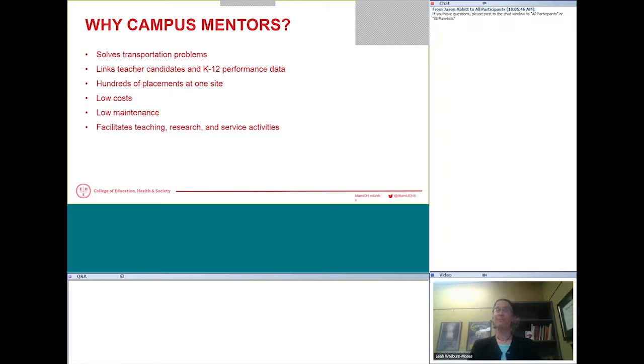Question is, how many students do you place total, and how many of those are placed through Campus Mentors? So in other words, how many students do we have within our college to place, and then how many of those go to Campus Mentors? This is a wonderful question. We have a lot of teacher candidates, and I'm afraid to say what number because I don't have that off the top of my head.